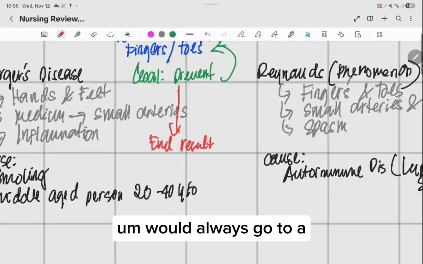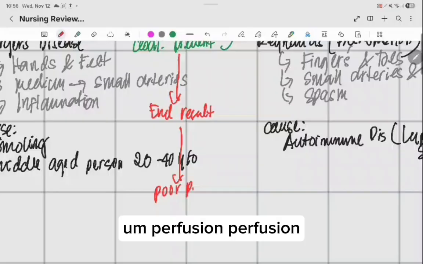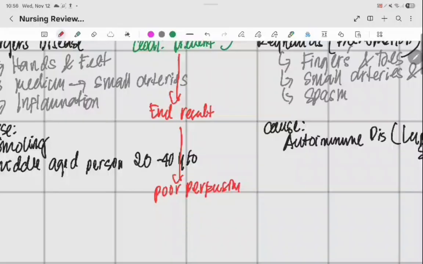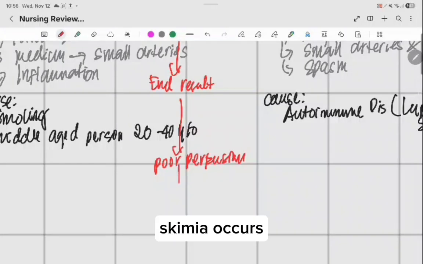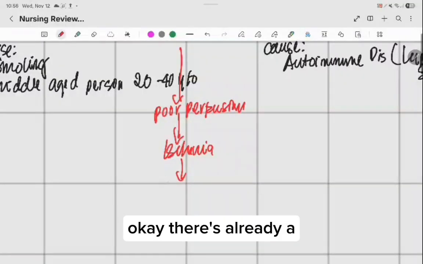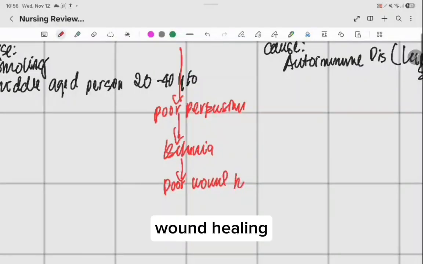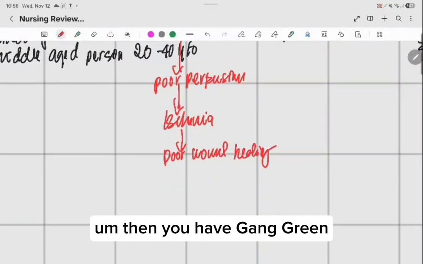would always go to poor perfusion. Ischemia occurs. There will be poor wound healing, then you have gangrene.